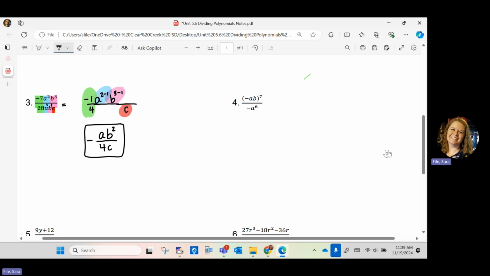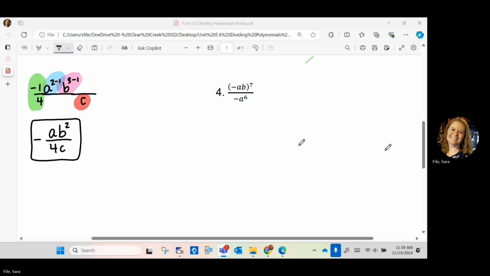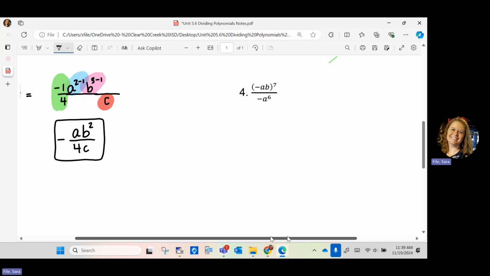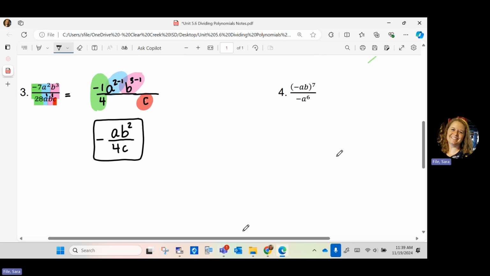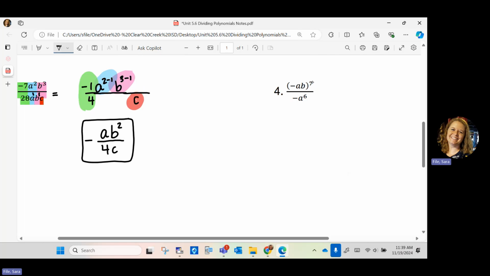In number 4, we've got some simplifying in the numerator to do because there's a parentheses with an exponent on them. Okay, so remember back in 5.1, we said that that exponent is outside these parentheses. That means that power of 7 is going to each term inside the parentheses.